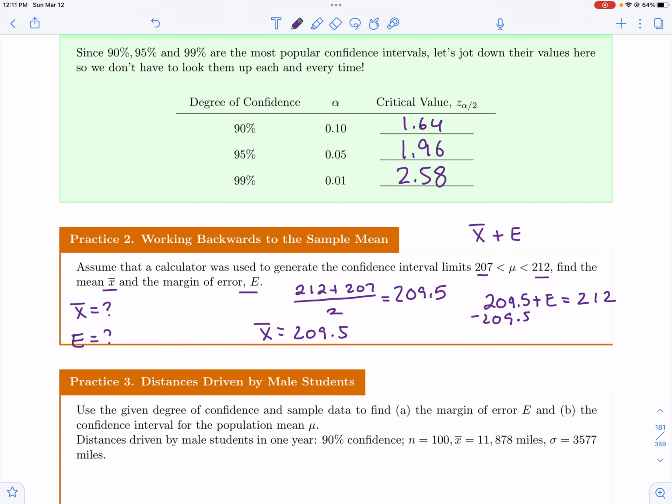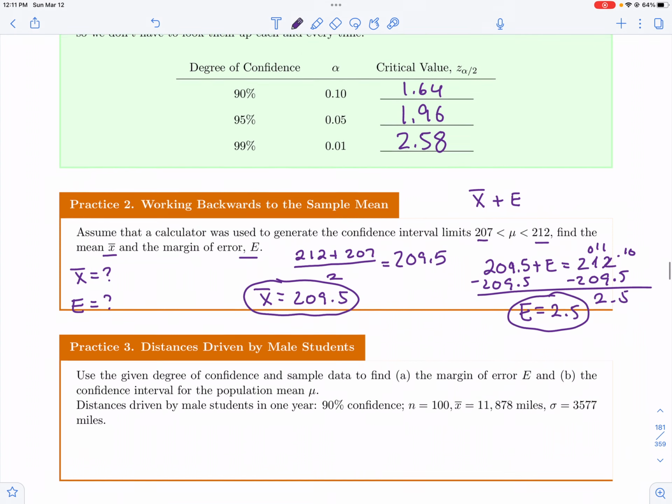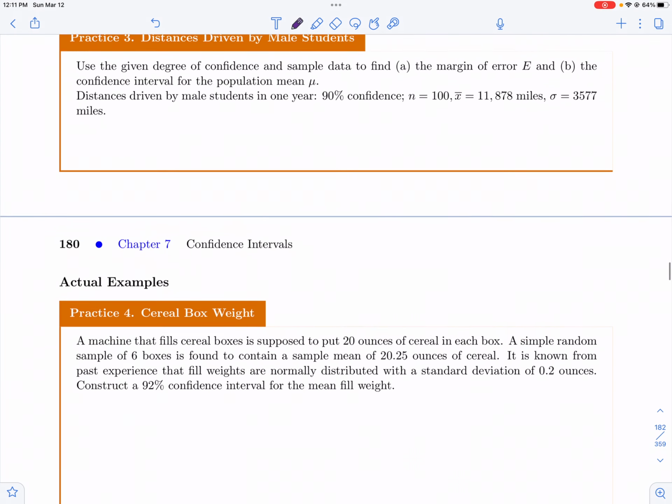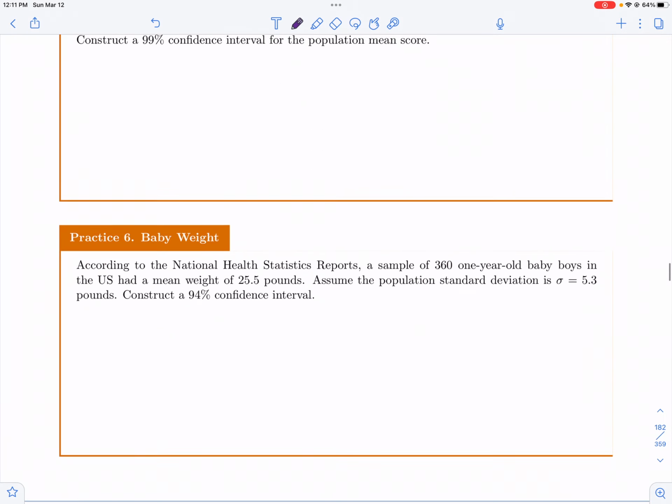So if I subtract 209.5 from both sides, that's going to give me a margin of error of 2.5 in this case. So if by chance we start with the confidence interval and want to work backwards, it is something that we can actually do.